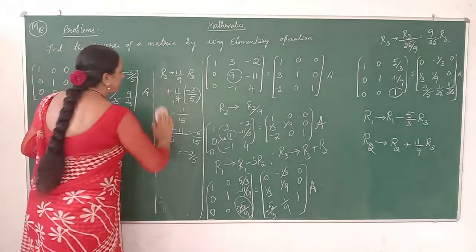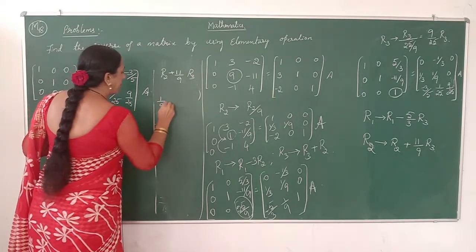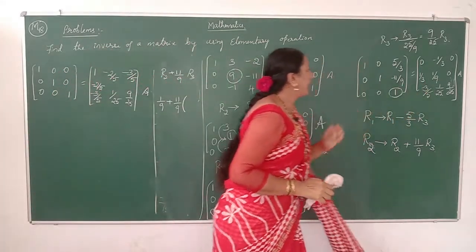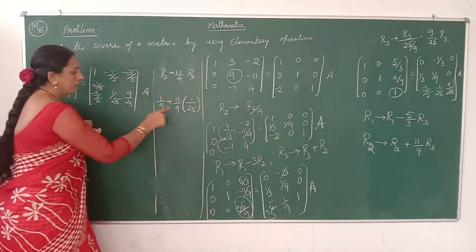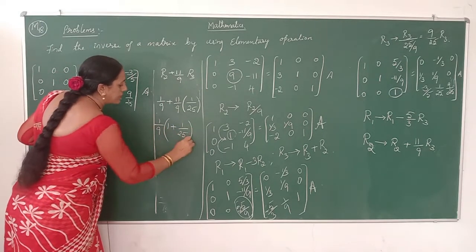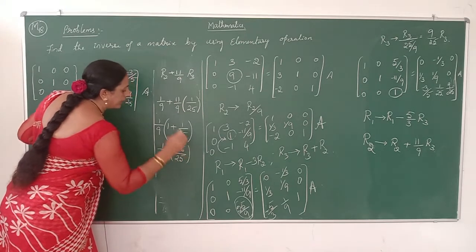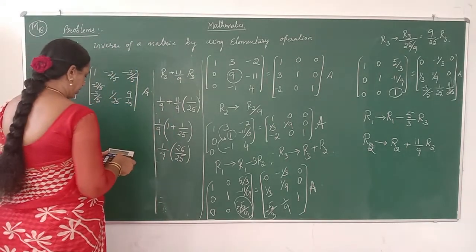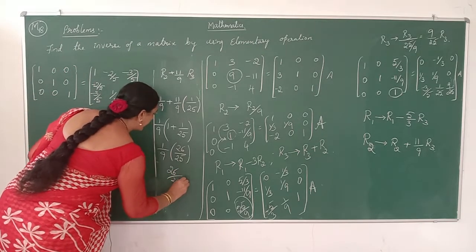Then the second element of R2 is 1 by 9 plus 11 divided by 9 of the corresponding R3 element, which is 1 divided by 25. So 1 by 9 as a common factor, 1 plus 1 by 25, LCM is 26 divided by 25 into 9, that is 26 divided by 225.